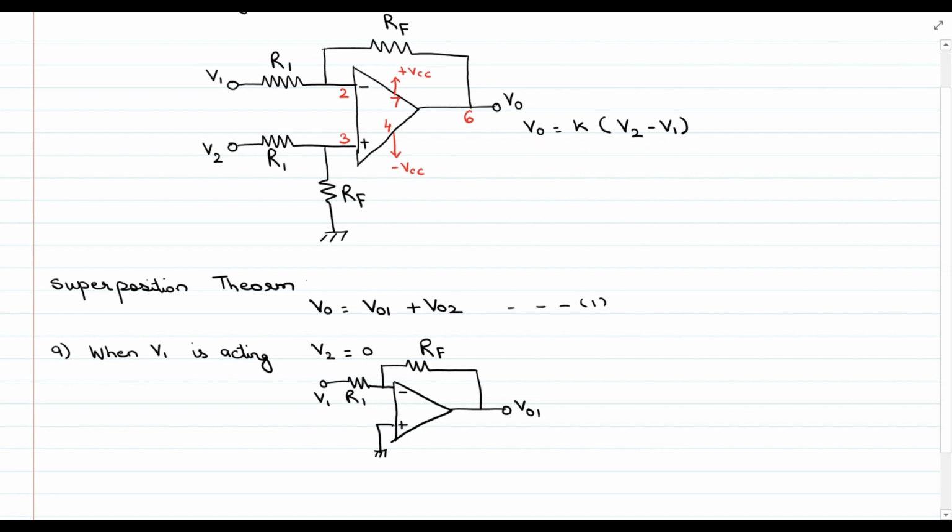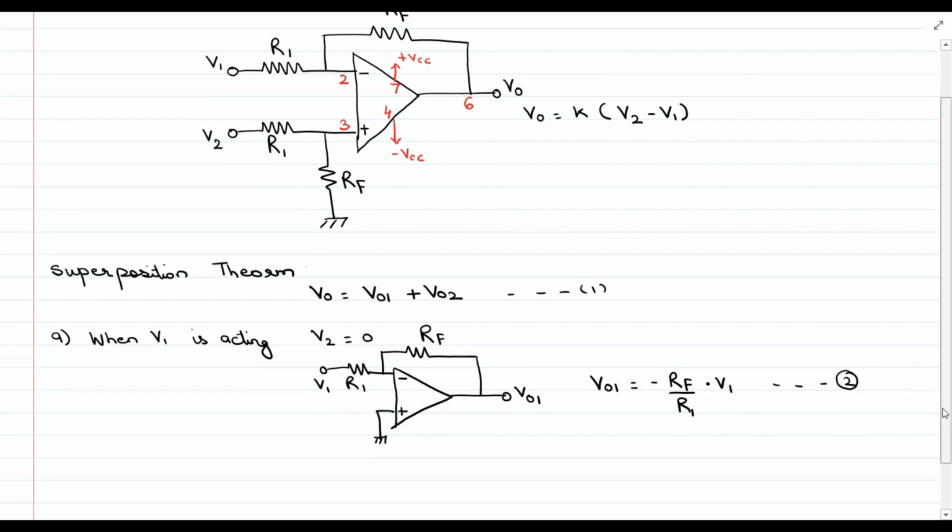So this is an inverting amplifier and we know that output of inverting amplifier is minus RF by R1 into V1. So let this be equation 2. Now when only V2 is acting.